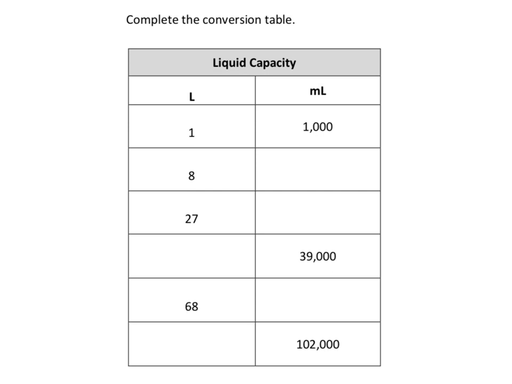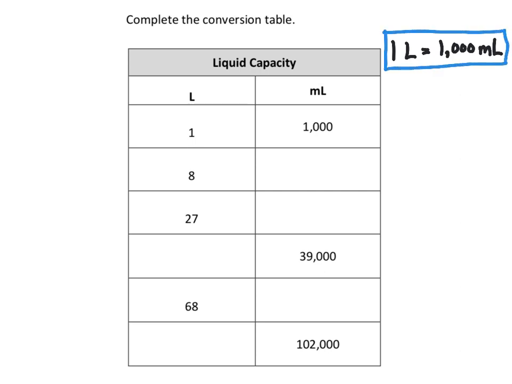All right, here we go. We're going to complete this conversion table. Now remember, let's get our reminder up here. 1 liter is equal to 1,000 milliliters. You have to remember this is a very important conversion here. That will help you.